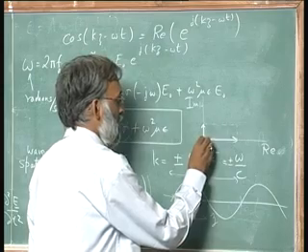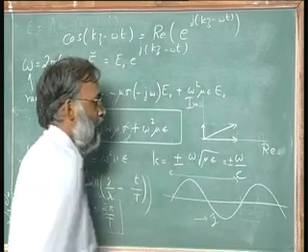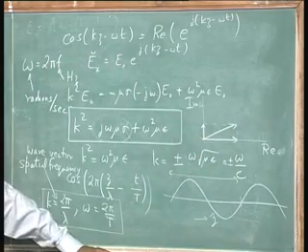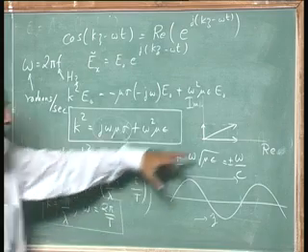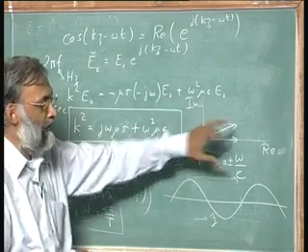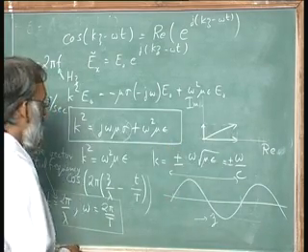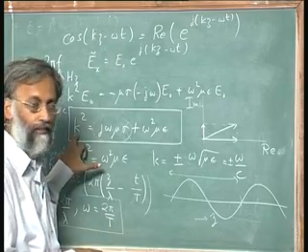So, when I add them up, I am going to get a complex quantity that is not pointing along real or imaginary axis, but in some general direction. And I want to take the square root of that.